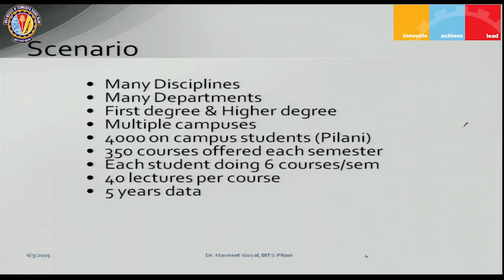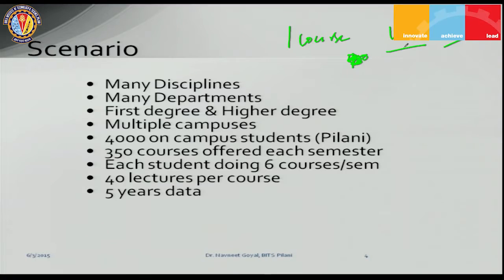So if this is my requirement, and suppose I'm trying to record the student attendance, let me see, say one course, 40 lectures. Suppose there are 100 students registered in this course. There are 350 courses in all.